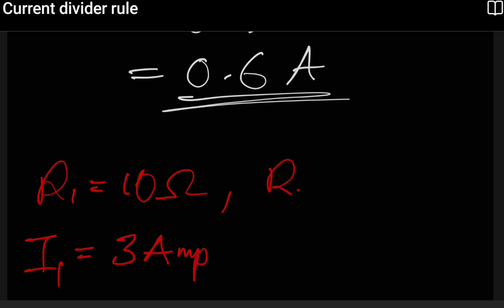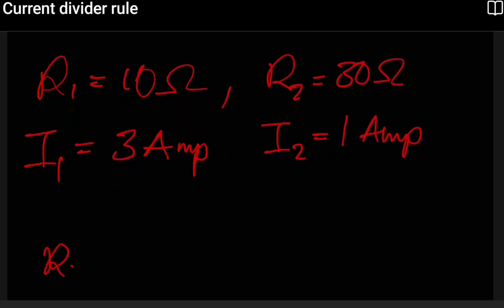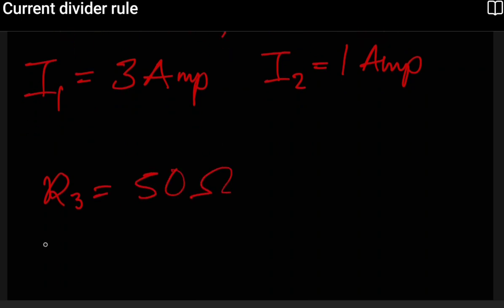R2 was 30 ohms, and the current passing through that, we found 1 amp. And R3 was 50 ohms, and the current passing through it, we found as 0.6 amps. Now, notice one thing here.